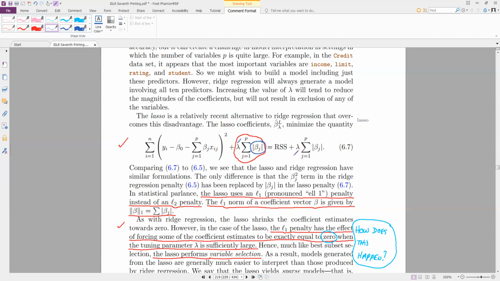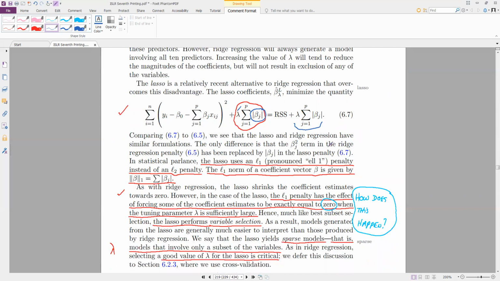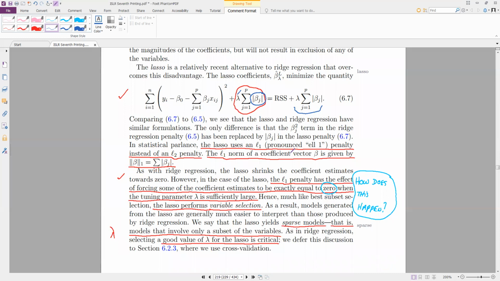So if you compare this to ridge, you're going to see it's actually very similar, but we have a different penalty. The lasso more technically means we use an L1 norm. There's the L again. There's the L1 norm penalty instead of an L2.